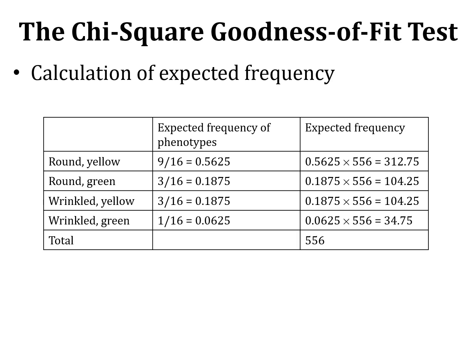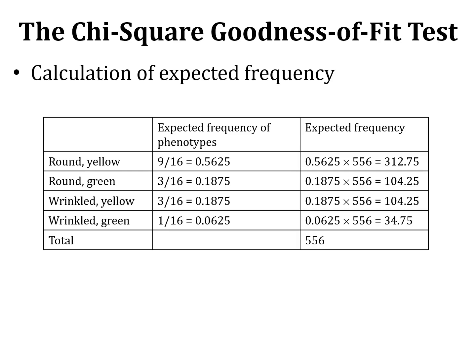So we calculate the expected frequencies on the basis of this model. First of all, we calculate their proportion values. Round yellow, 9 by 16. What is the total of 9, 3, 3, 1? It is 16. So 9 by 16 is 0.5625. 3 by 16 is 0.1875. And 1 by 16 is 0.0625.